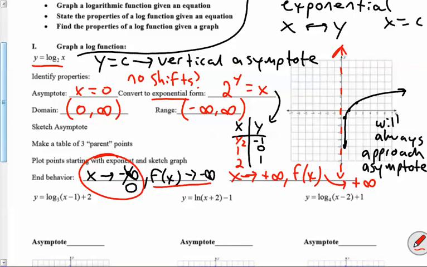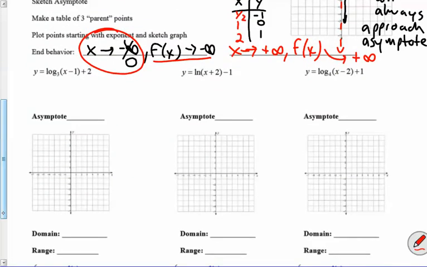All right? So these have transformations to them. So you still want to start with the parent function, which is just log base 3 of x. Okay, we're going to start with that. We change that to exponential form. So that's 3 to the y equals x.